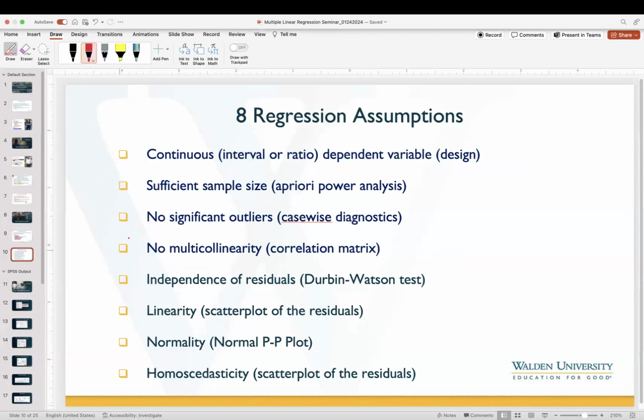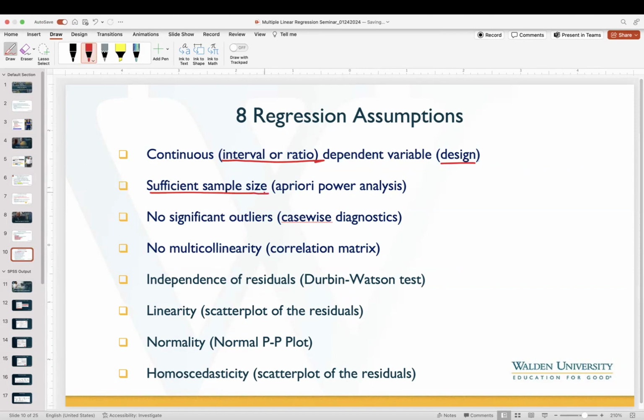I'm going to briefly list what these 8 assumptions are, and we're not going to go in depth with them. For example, I'm just going to point out, remember we said it should be an interval or ratio variable. You can't do this with categorical data. And that's a design thing. You just won't pick those variables. We must have a sufficient sample size.